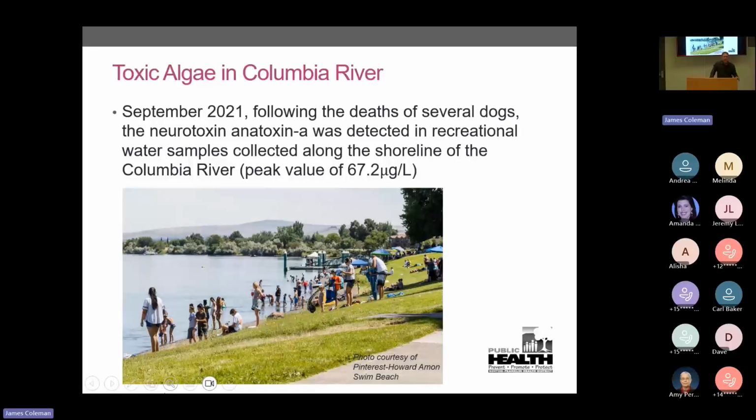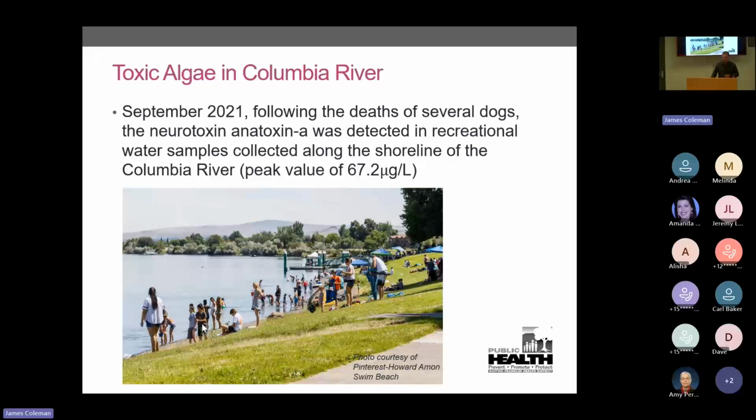very alarming, and yet when we went down to the river, we did not see any sign of an algal bloom going on. We talked to the State Department of Health, and they said it very well could be toxic algae, we just don't see it. So we took water samples, and we found very high levels of anatoxin A, which is a very, very potent toxin that these cyanobacteria will produce.